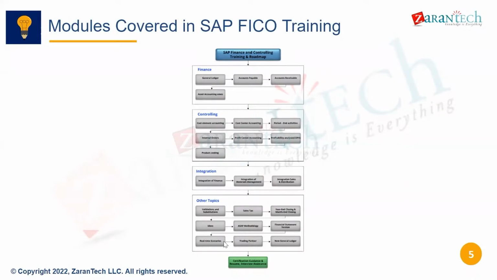We'll explain some real-time scenarios and the new GL concept, which we will see in the configuration. Not only new GL, all these topics we will see in SAP and also the theory part. We also have a few other tools that are very much required in real-time scenarios, like report painter reports, and LSMW for migrating data from non-SAP systems to SAP systems. Like that, we have a few other tools that we will see.